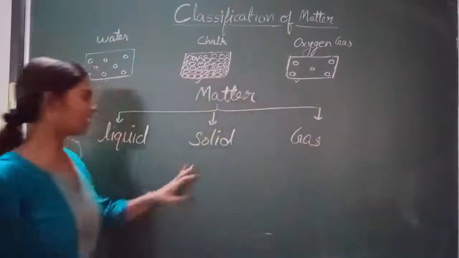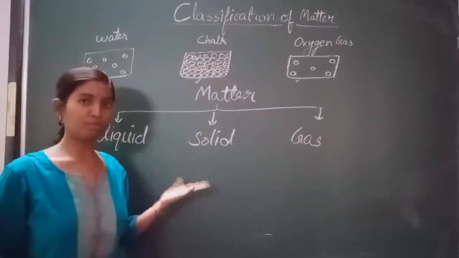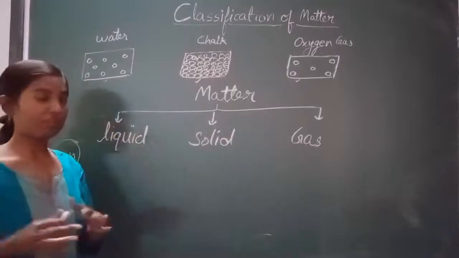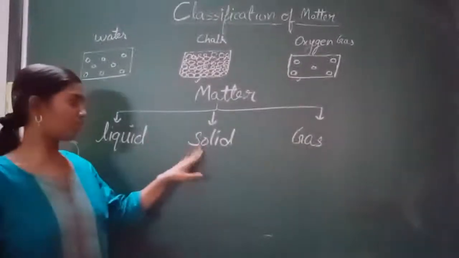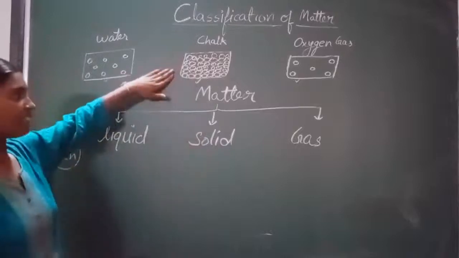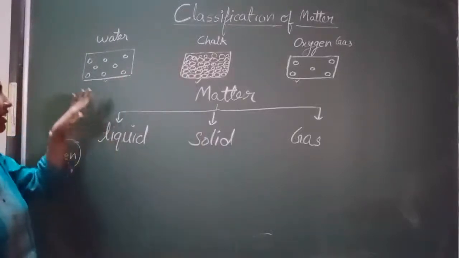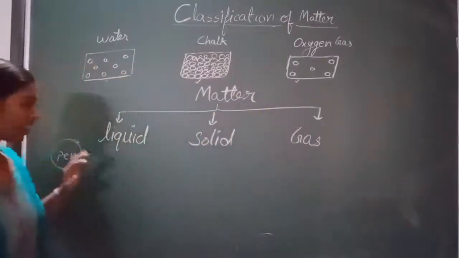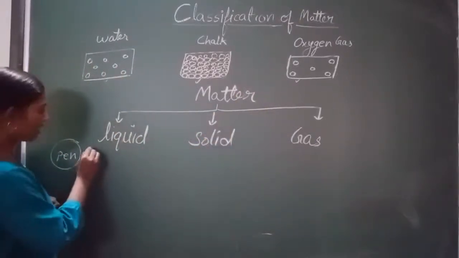Or you can say solid, liquid, gas, no problem, you can write from anywhere. So scientists divided all kinds of matter into three categories: solid, liquid and gas. The solid has this kind of arrangement, liquid has this kind of arrangement and gas has this kind of arrangement.